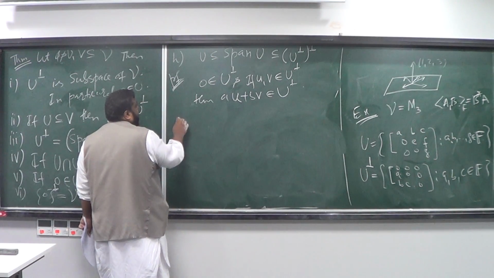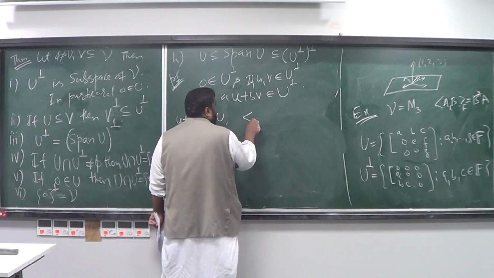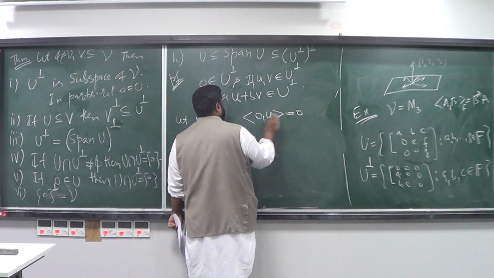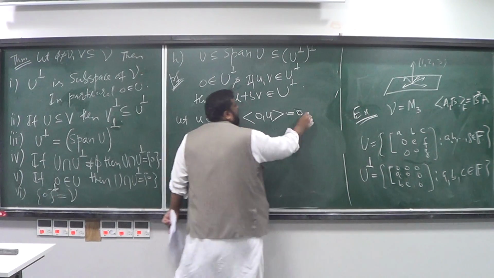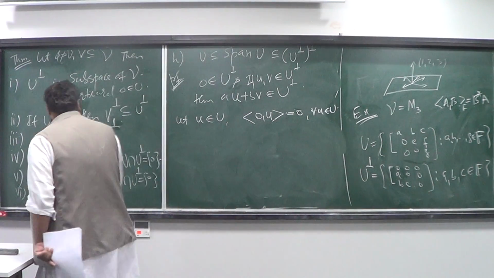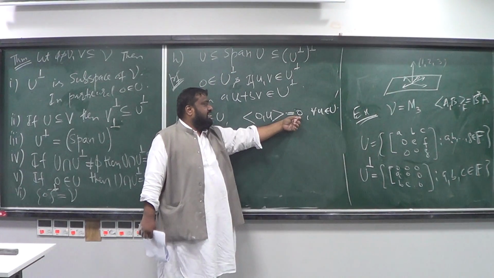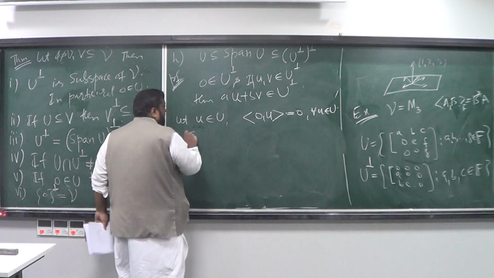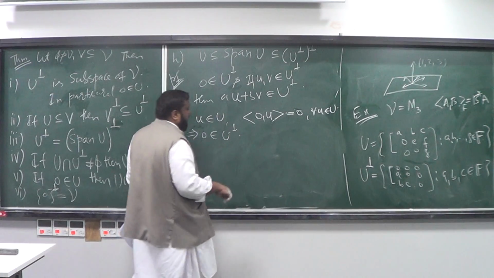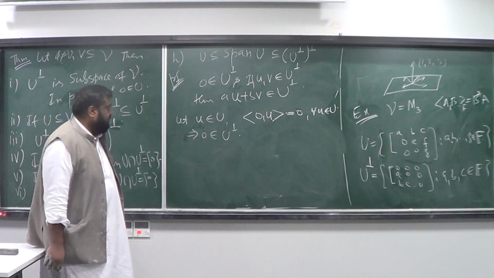If you take any vector U from U, then 0 is orthogonal to U, for all U in U. If you take any vector U and compute its dot product with 0, you're going to get 0 for all U. This is precisely what we mean by 0 being in U perp, because U perp is the collection of those vectors which are orthogonal to every single vector in U.